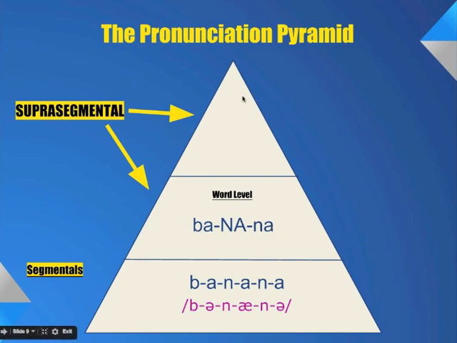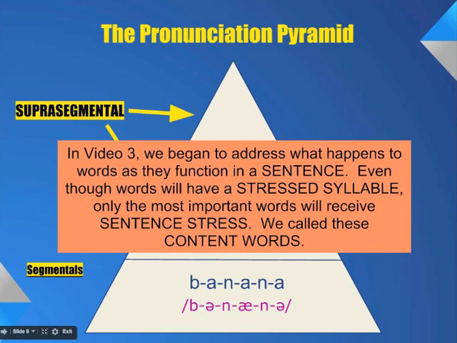Now you will recognize here at the top of our pyramid another suprasegmental idea. This is what we began discussing in video 3, and basically this is what happens at the sentence level. Now recall that even though words will have a stressed syllable, only the most important words will receive sentence stress. We call these content words.